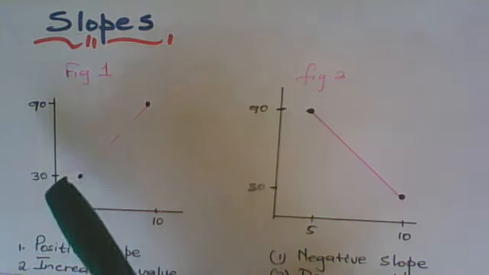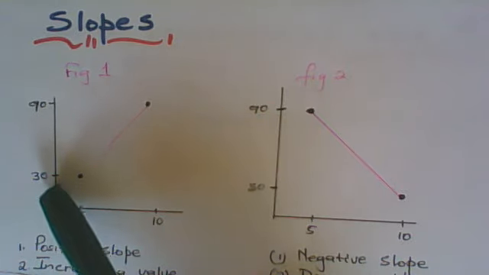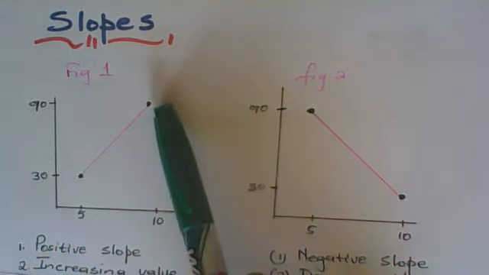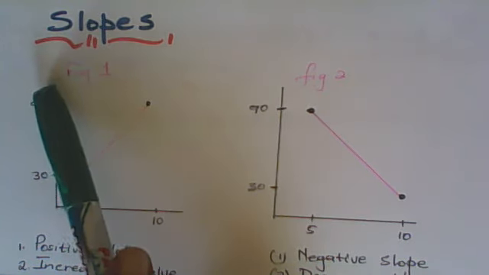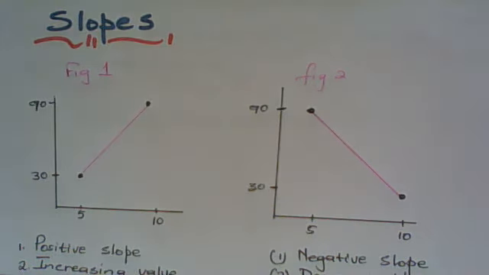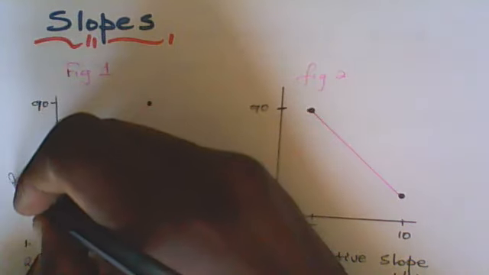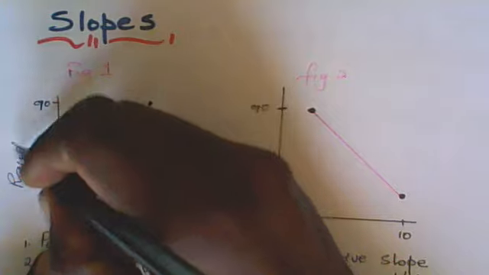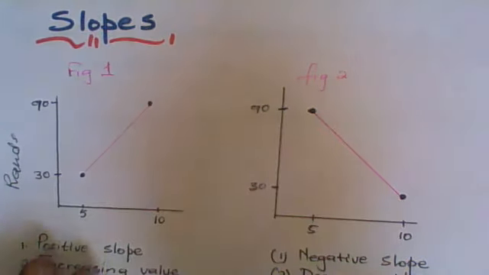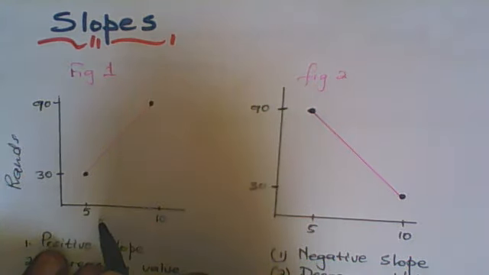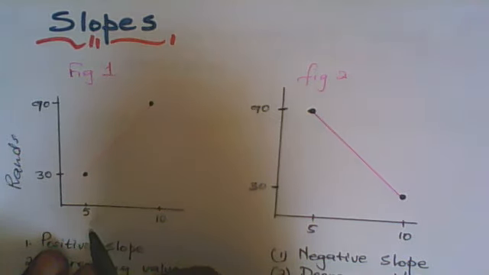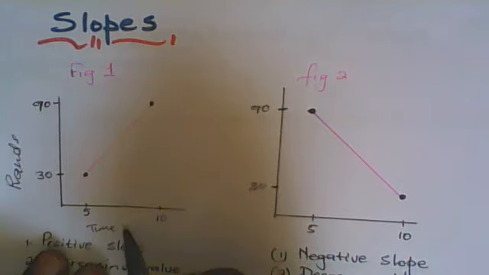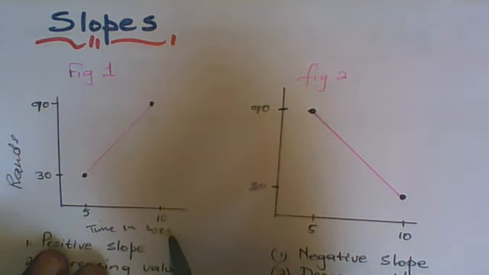Look at this. The value was 30, then look at that, it is 90. It has increased from 30 to 90. Suppose this was the value in rands, and here it's time in weeks.